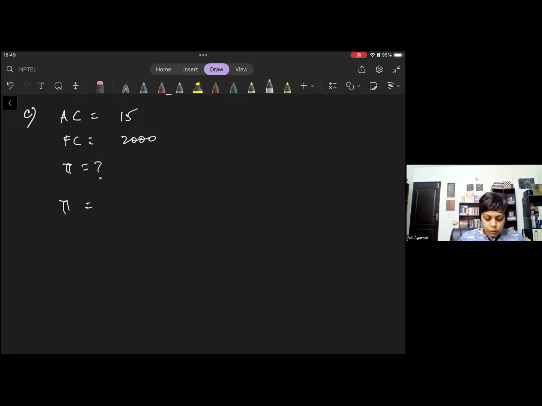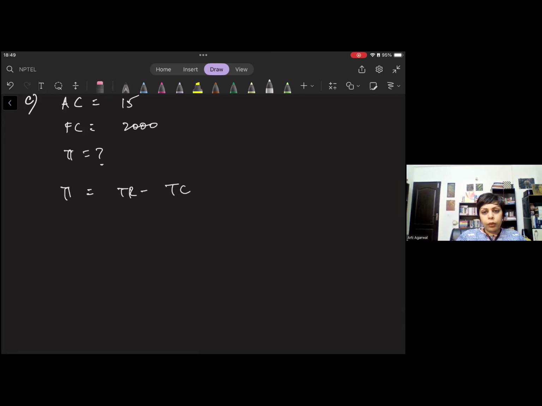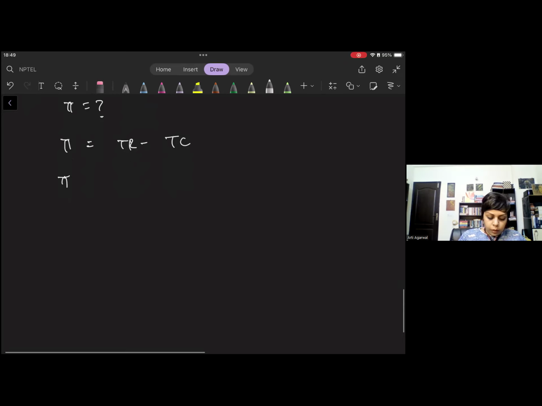So profit is equal to total revenue minus total cost. What all are we given? We are given the marginal cost, the price, the quantity, and now the fixed cost also. Total revenue is P into Q minus marginal cost into Q plus fixed cost.